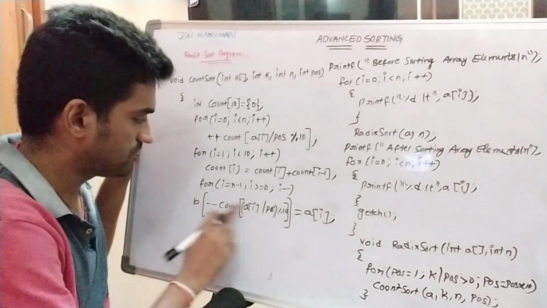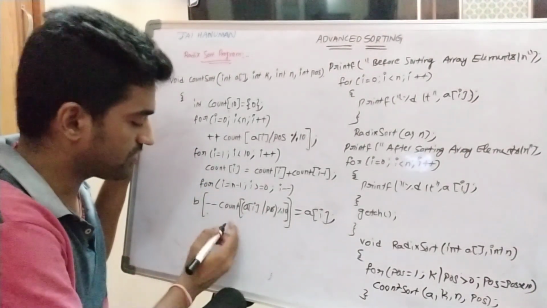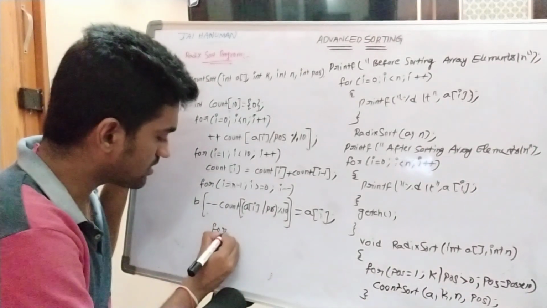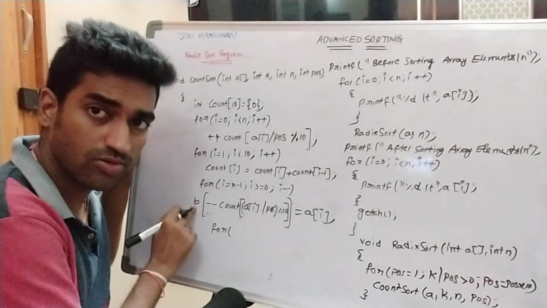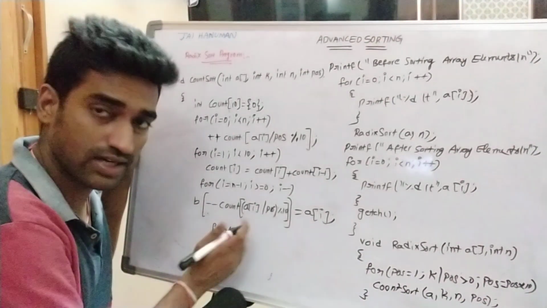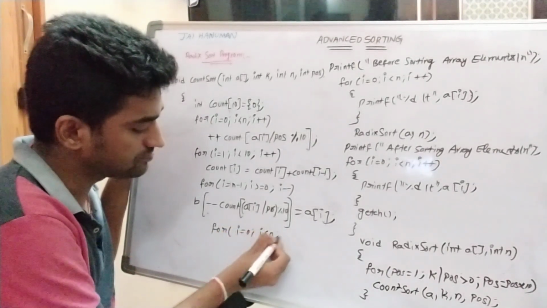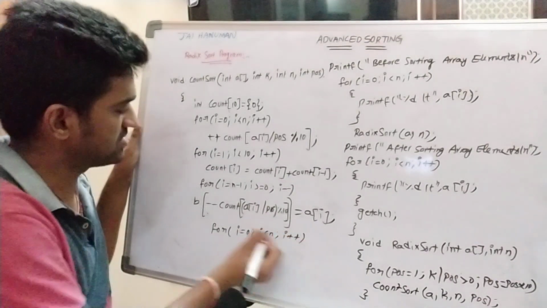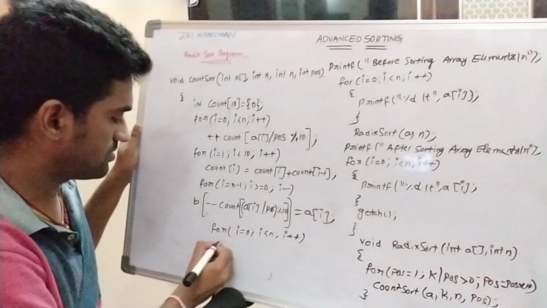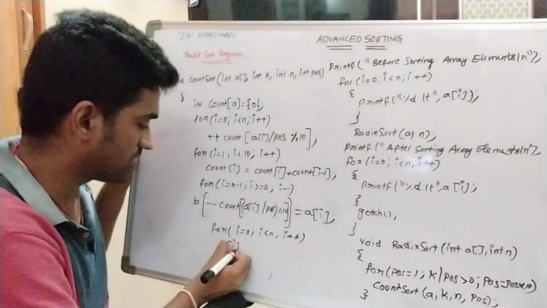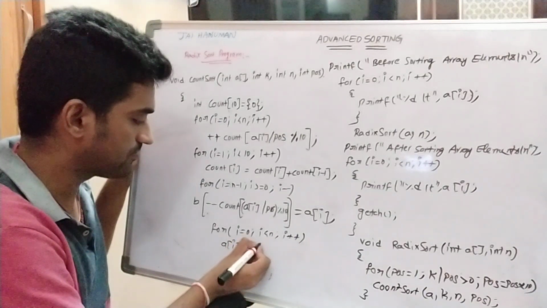So after completion of updation, finally the resultant array is stored in the B array. Now the B array is copied into the A array, right? So for i equal to 0, i less than n, i plus plus, we are copying A of i is equal to B of i.